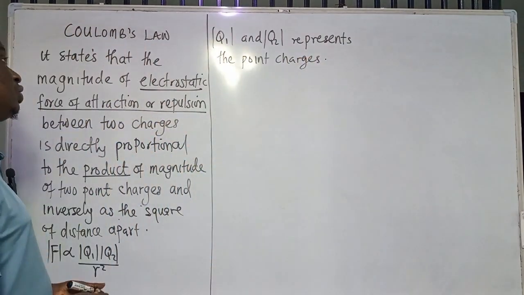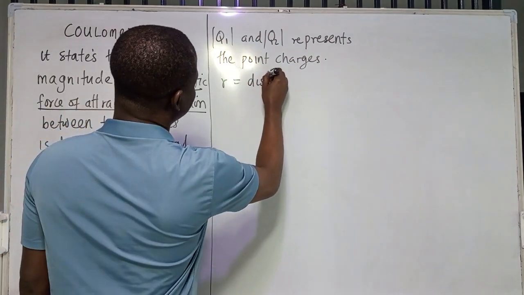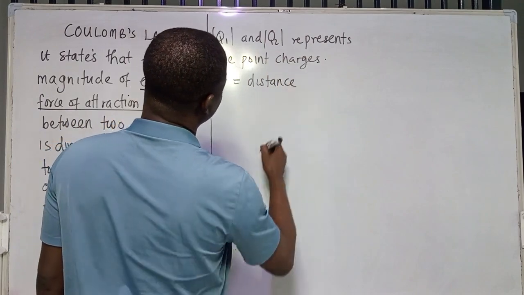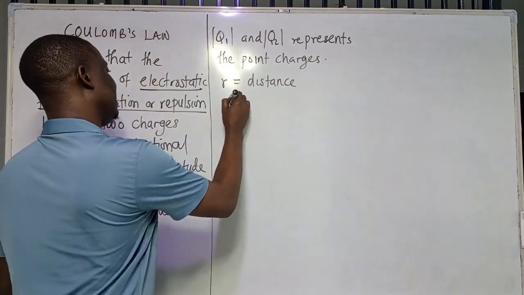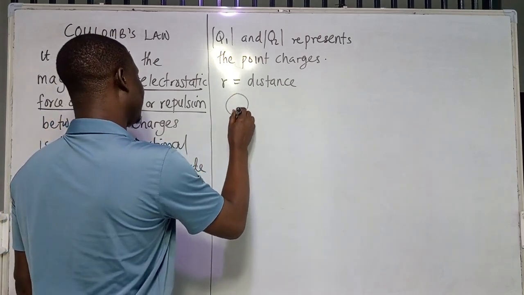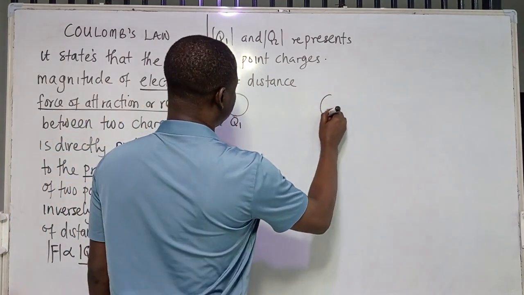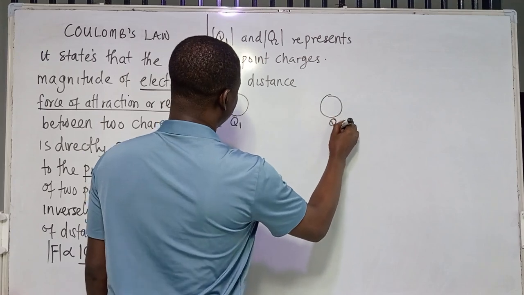Now, your D or your R, in this case we are using R, represents the distance between the two charges. That is to say, this is the first charge, Q1, and I have a second charge, Q2.